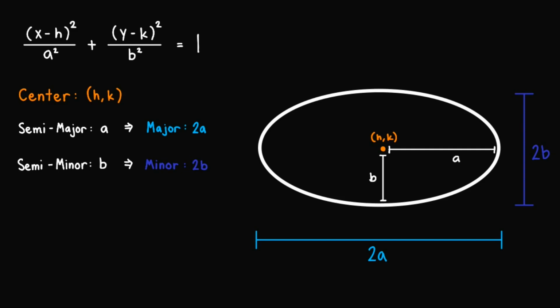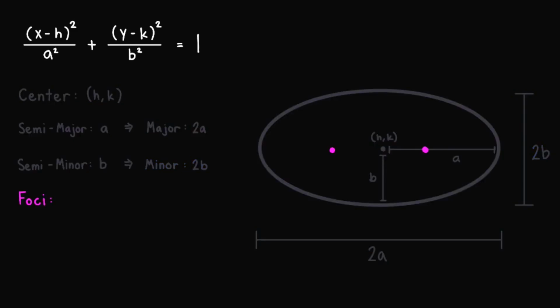However, there are certain parts of an ellipse that aren't quite easy to obtain compared to these. These parts are the foci, the vertices, and the co-vertices of an ellipse.